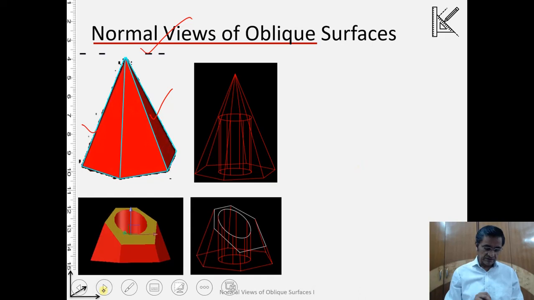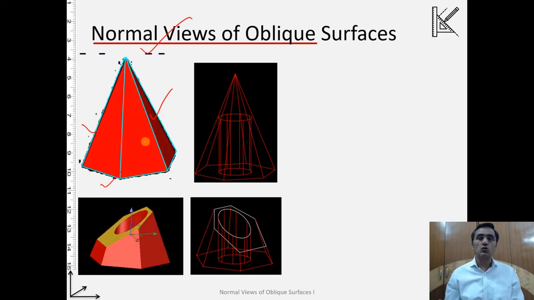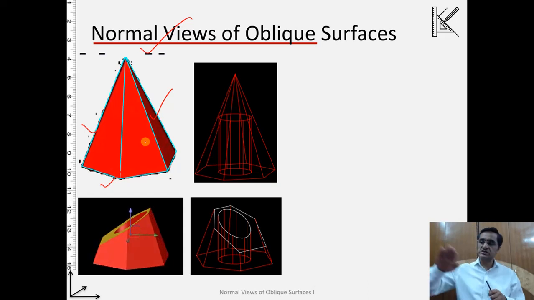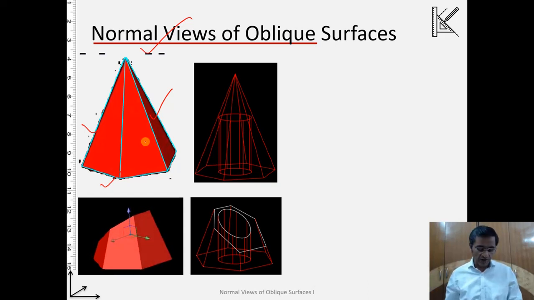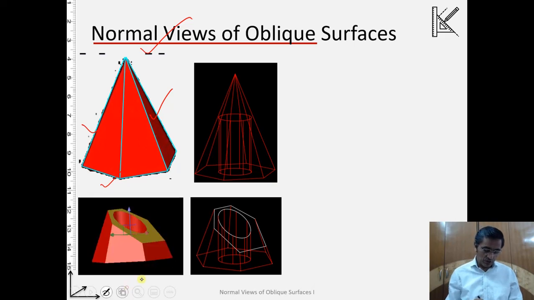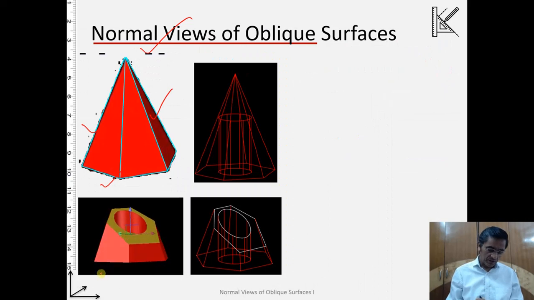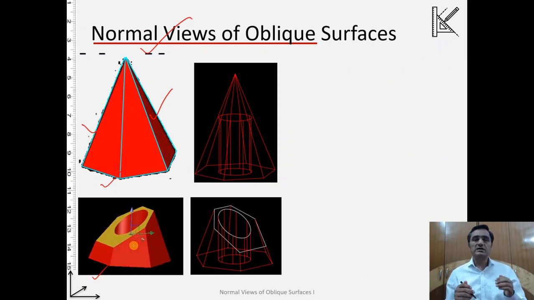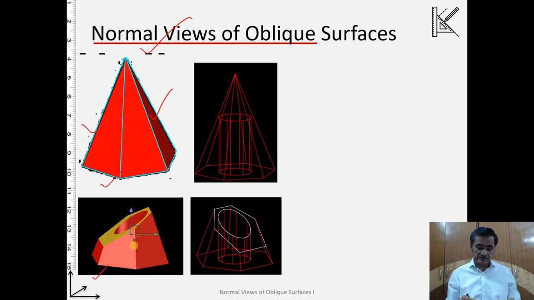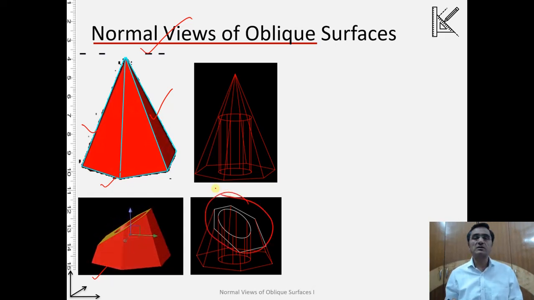So here is an example. Let the pyramid which is shown over here is being sliced by an inclined surface or inclined plane, and that is how this sliced pyramid looks like. Okay, so in this there is now one surface, that's the one surface which is inclined, not parallel to the principal planes.